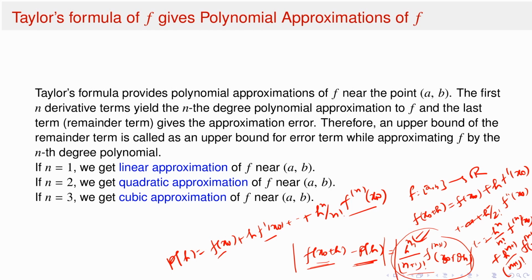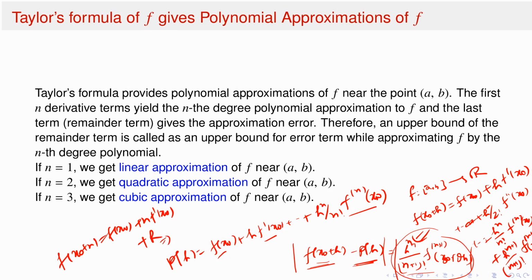Now, if I want to talk about n is equal to 1, let us say first order Taylor's theorem, what will happen? Then you will have f of x naught plus h is equal to f of x naught plus h times f prime x naught plus a remainder term, which is h square by factorial 2 times f double derivative at the point x naught plus theta h. So, this is the remainder term.